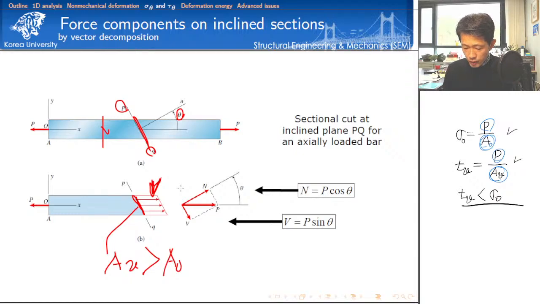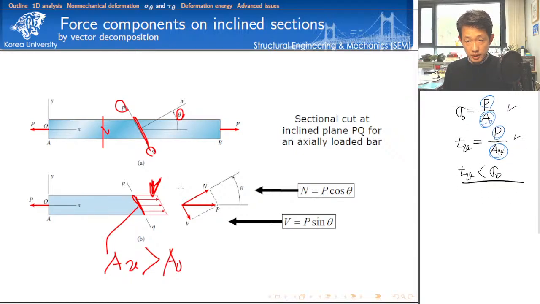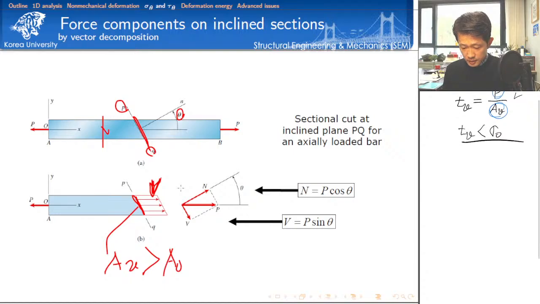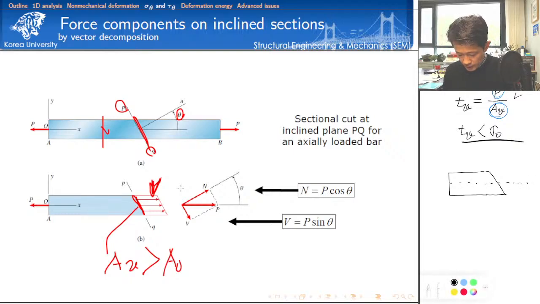So now we want to talk about the situation on the inclined surface. Let's imagine that we have an inclined surface. And then we always consider the normal. This is my normal now.